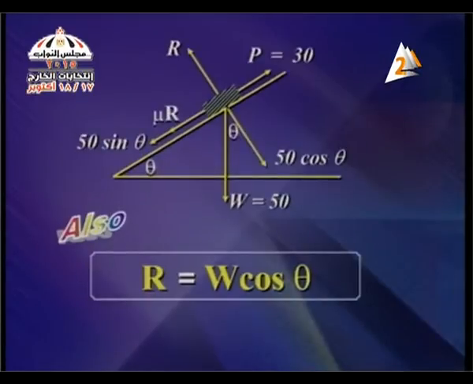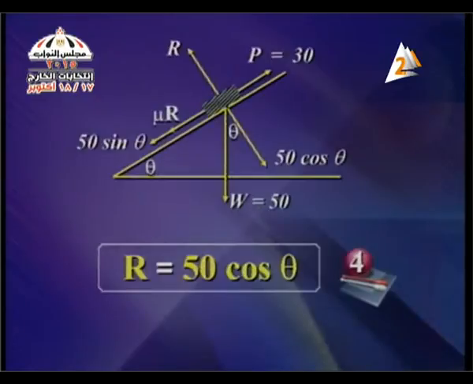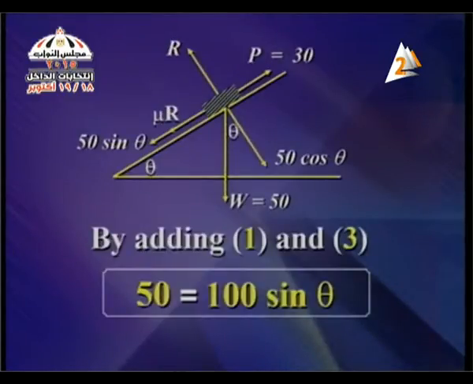Also, R equals W cosine theta, then R equals 50 cosine theta, and this is equation number 4. By adding 1 and 3, we get 50 equals 100 sine theta.